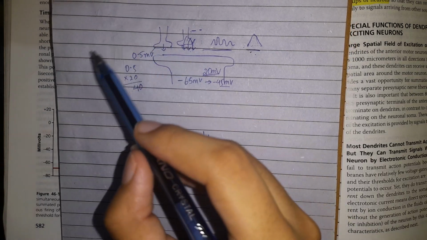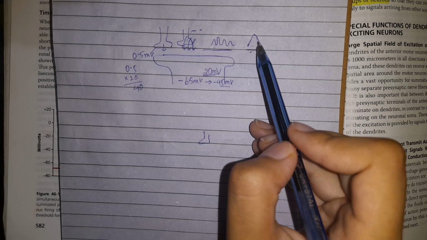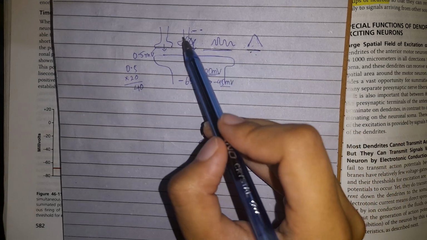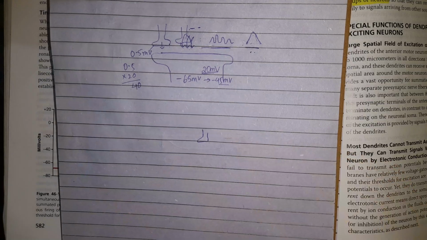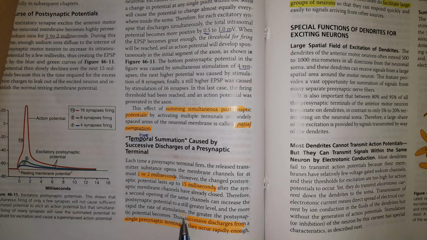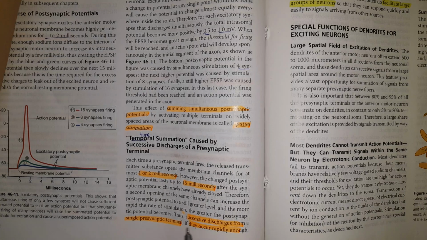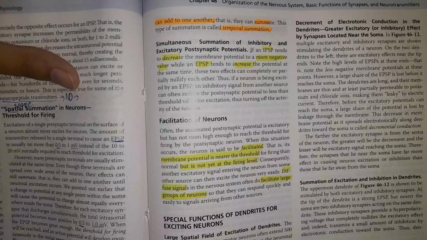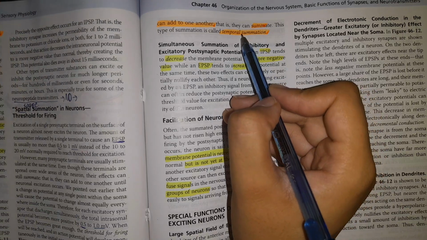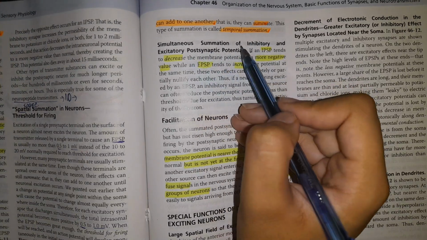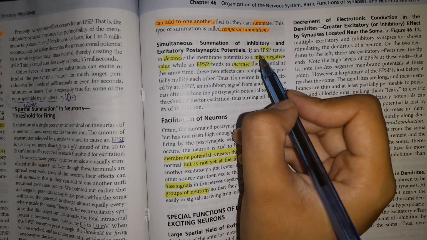The spatial was related with space, meaning more presynaptic terminals, and temporal is related with time, meaning more action potentials within a very limited amount of time. The words that they have written are: successive discharges from a single presynaptic terminal, if they occur rapidly enough, can add to one another and hence summate, and this is known as temporal summation.